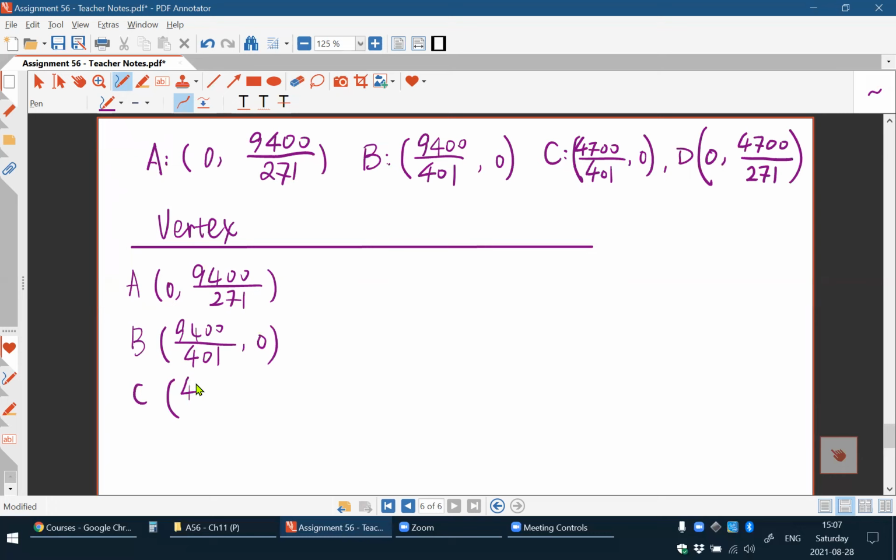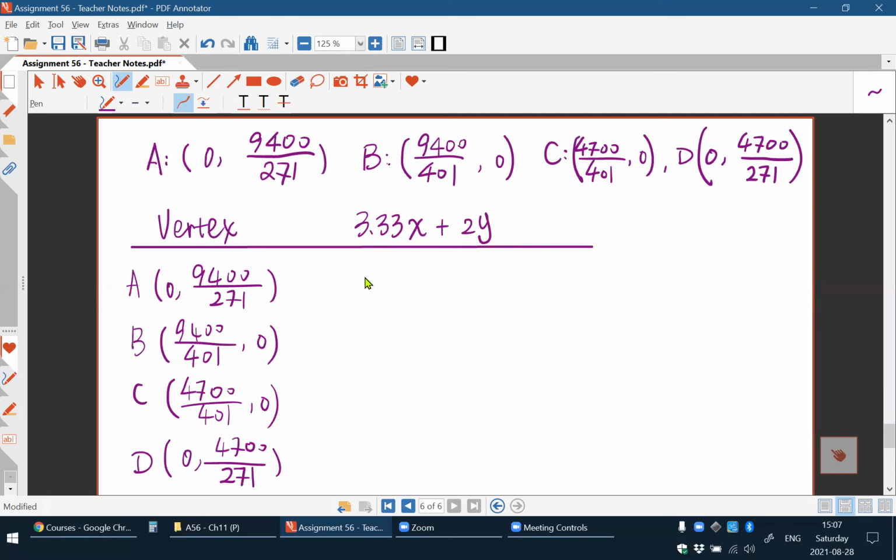C: 4700 over 401, 0. And D: 0, 4700 over 271, right? The target function is 3.33x plus 2y.